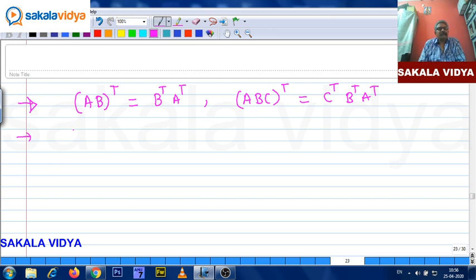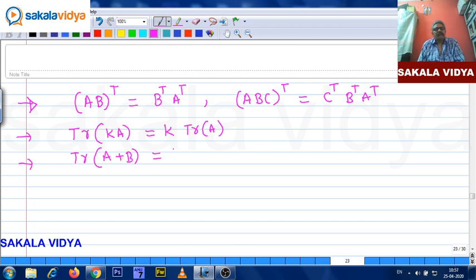Next, for example, trace of K multiplied by A is K times trace of A. And second property, trace of A plus B is trace of A plus trace of B. I already told you, I will discuss later. I am discussing the leftover concepts.